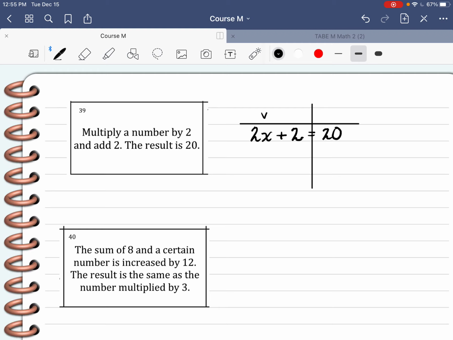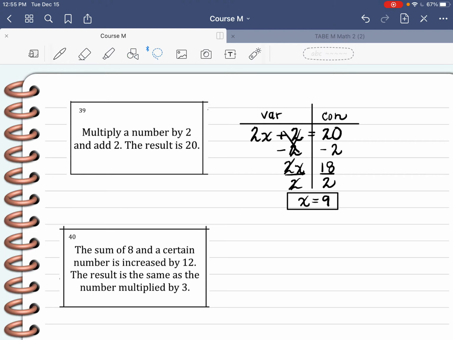Power t, variable, constant. Move the 2, the constant 2, then divide the coefficient 2 to see that x is 9. So number 39, x is 9.